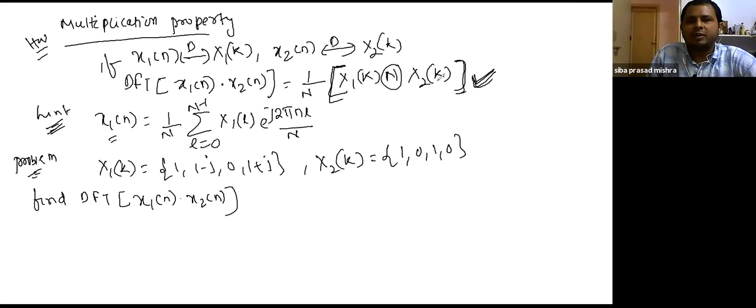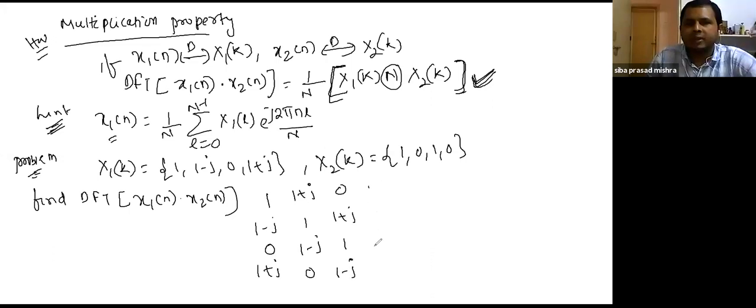Same process. I will write 1, 1 minus j, 0, 1 plus j. Then the last goes to the top: 1 plus j, 1, 1 minus j, 0. Again the last goes to the top: 0, 1 plus j, 1, 1 minus j. Again: 1 minus j, 0, 1 plus j, 1.